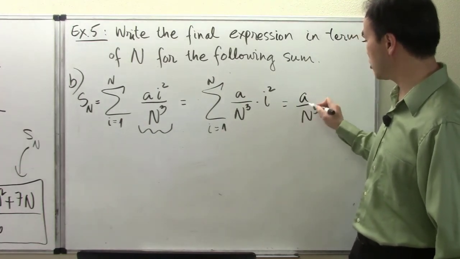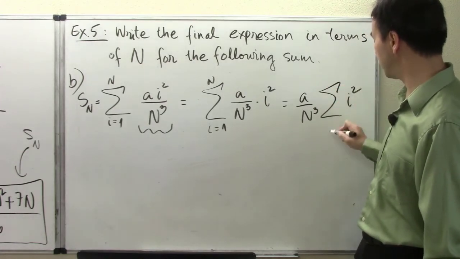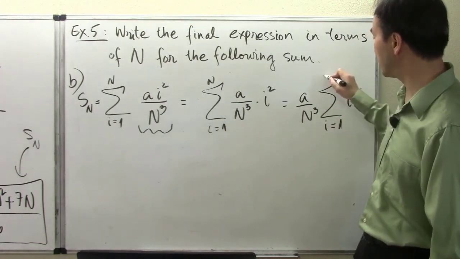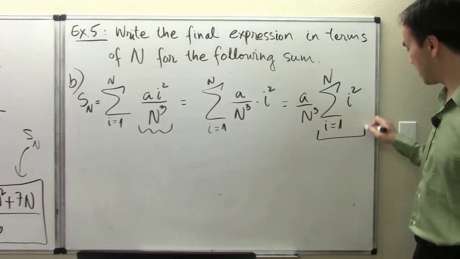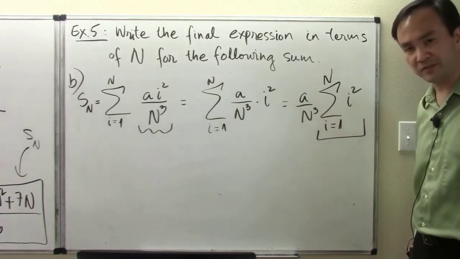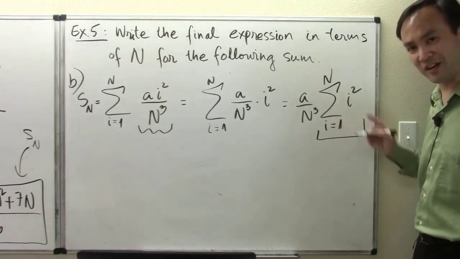So a over n cubed is a common factor, and that factor is multiplied with whatever comes out from this sum, i squared, summing from 1 to the n-th term. This is another easy one, the i squared. We've seen the shorthand formula for that, the shortcut formula.